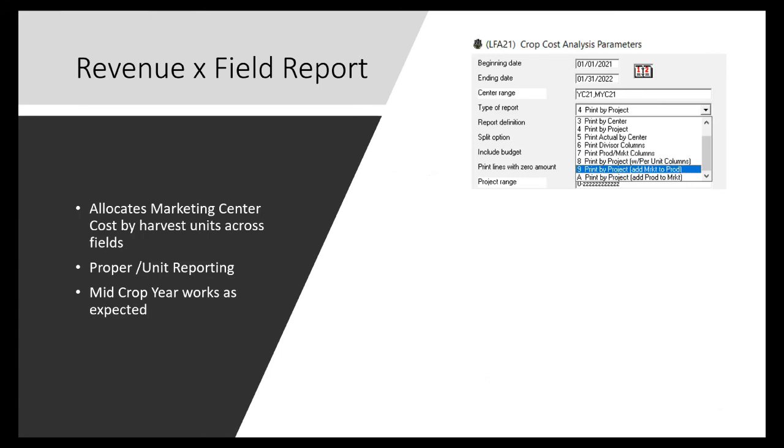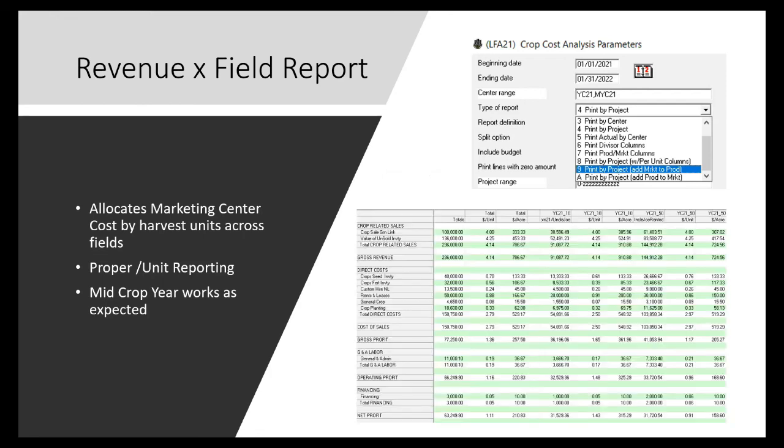So what that allows us to do is we run this option 9 report. It allows us to see what I call a crop revenue by field. So the first set of columns is your overall set of crops and finished goods centers, and then the columns to the right are your individual fields on a per dollar, per unit and per acre basis.